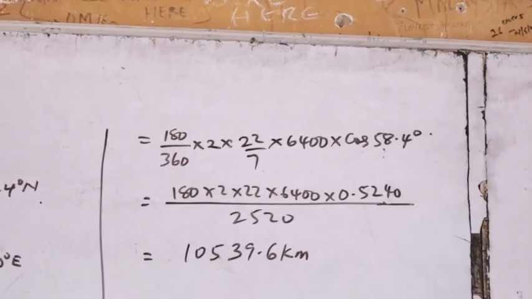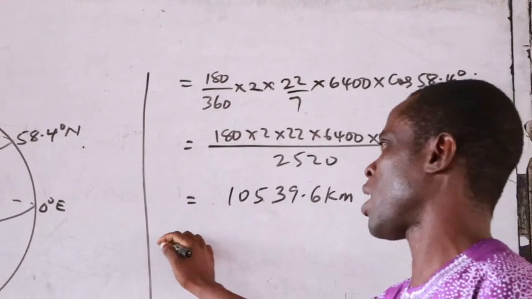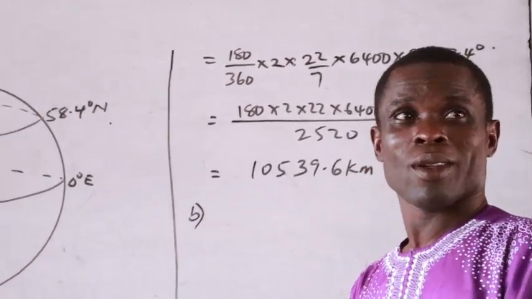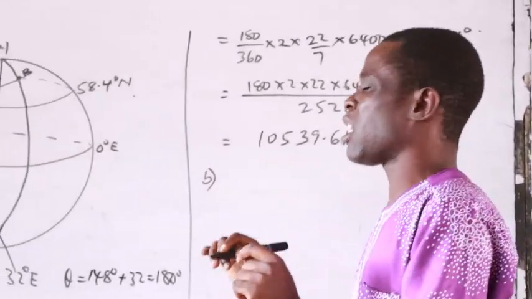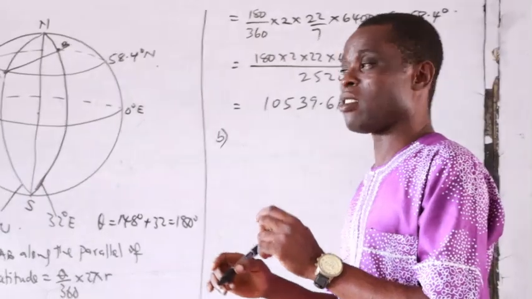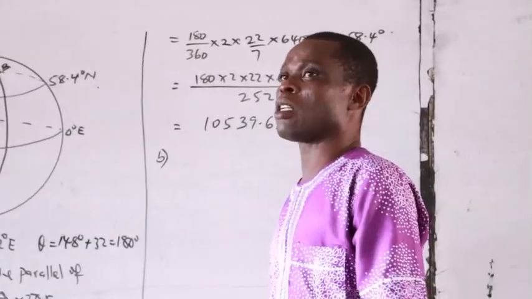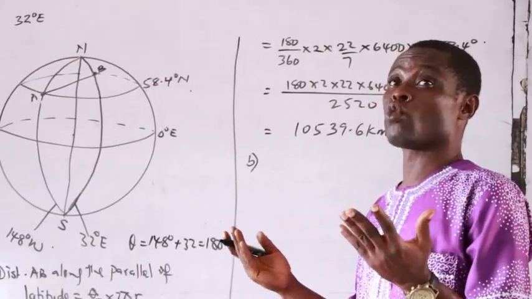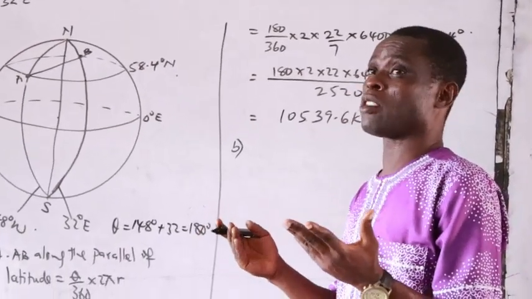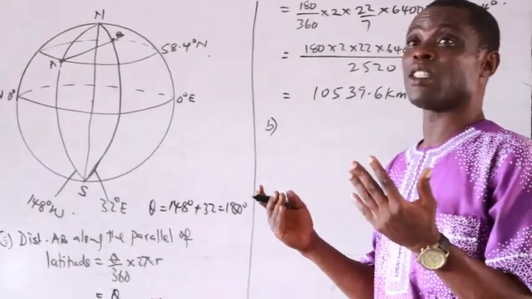But after that, the second question is to find the distance along the great circle. Although both A and B are on the parallel of latitude, we can still find their shortest distance. If I want to find their shortest distance, it's going to be easy because the angular difference is 180. I'm still going to give you another example where the angular difference is less than 180.